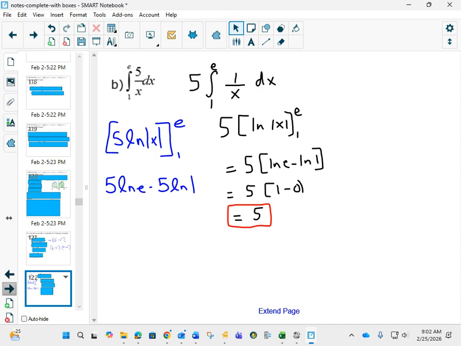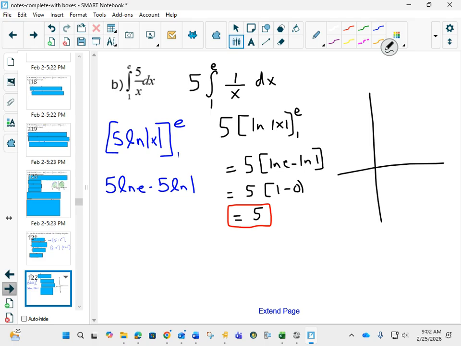It's a little crazy. If we think about this, 5 over x is your 1 over x graph multiplied by 5. Here's my 1 over x graph multiplied by 5. And if I look from 1 to 2.71828188, e, under this curve, which is curving, that's perfectly fine, which is kind of crazy.